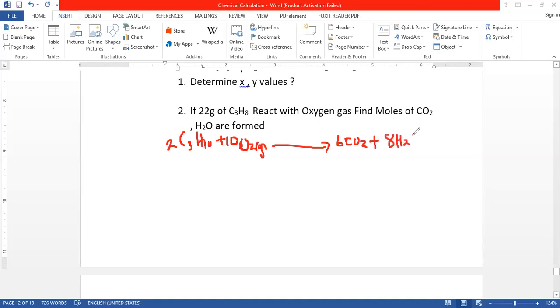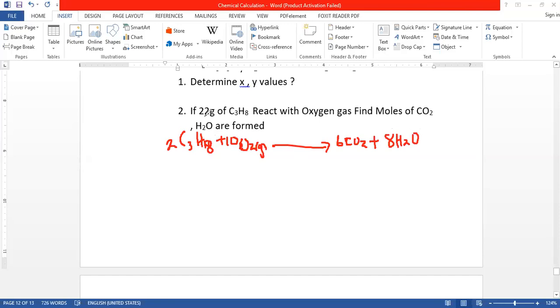So what is the meaning of this equation?